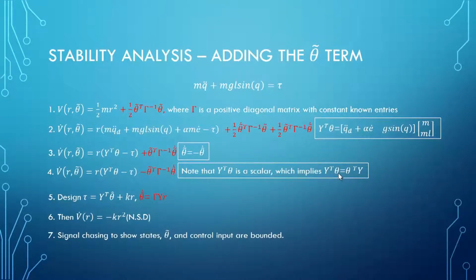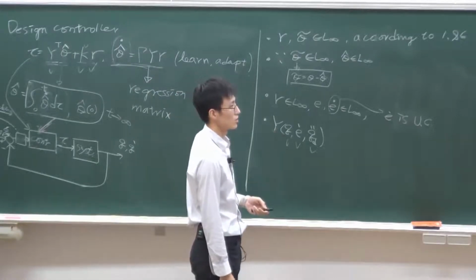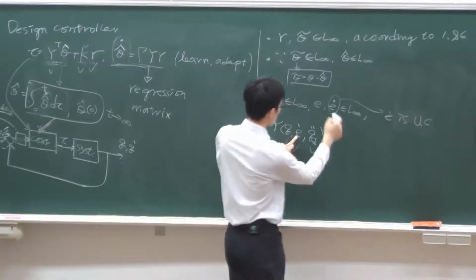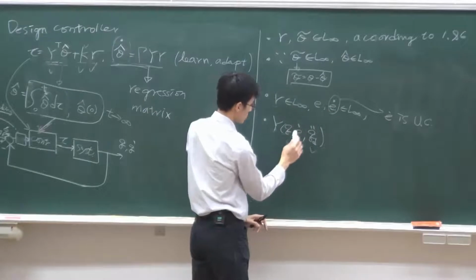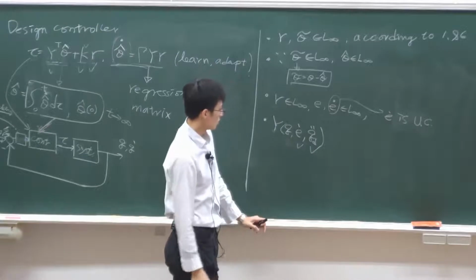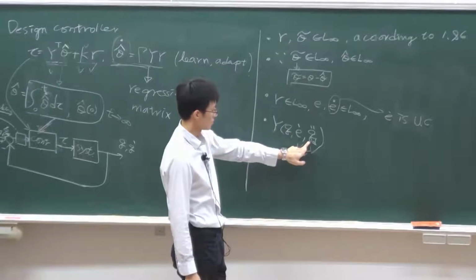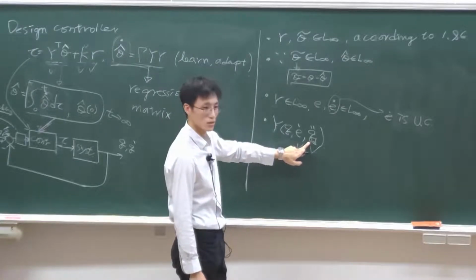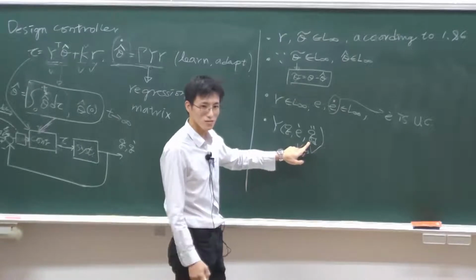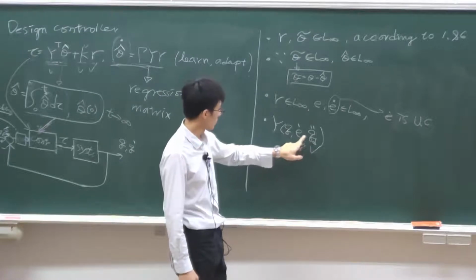So is it bounded? If you want to check whether it is bounded or not, you need to check these three signals. q and e dot are bounded, based on here, so it's bounded. q d is bounded because it's a user choice. q d double dot is the acceleration of the desired trajectory, so you always design the trajectory so that the second derivative will be bounded.